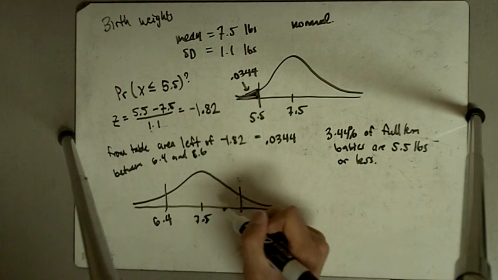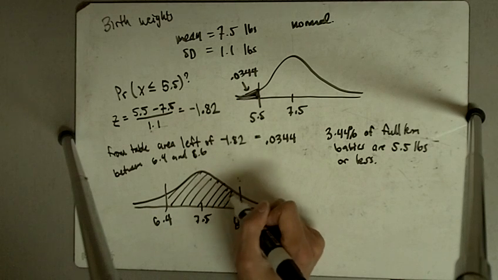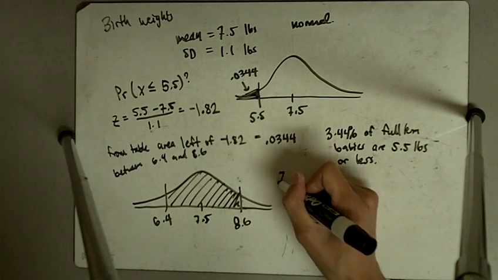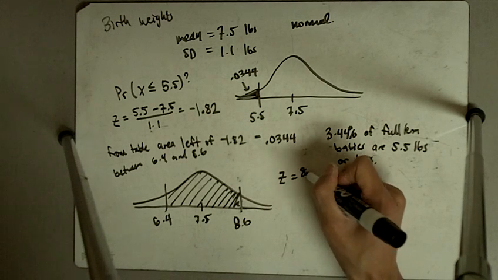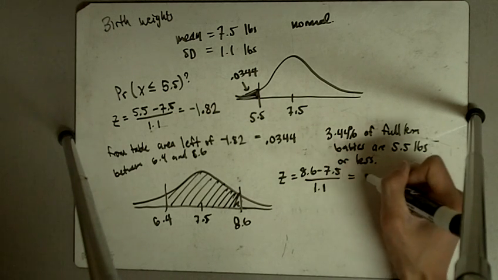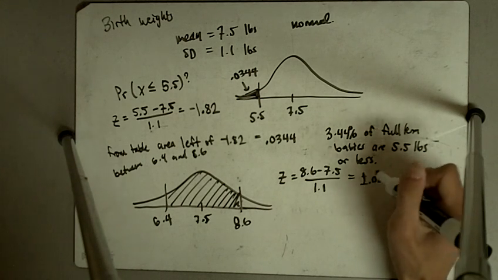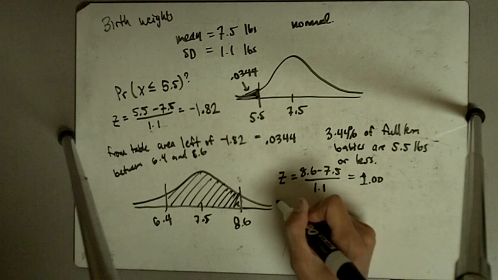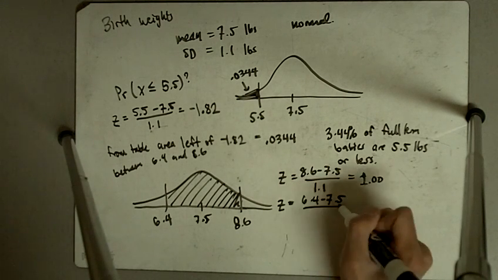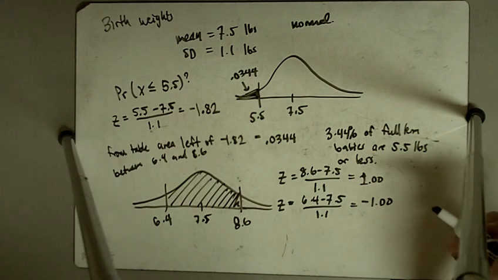And I need to find the area in between. So again, I've got to find the z-score for 8.6 and the z-score for 6.4. For 8.6, minus 7.5 over 1.1, I get a z-score of positive 1.00. And for 6.4, minus 7.5 divided by 1.1, I get a z-score of negative 1.00.